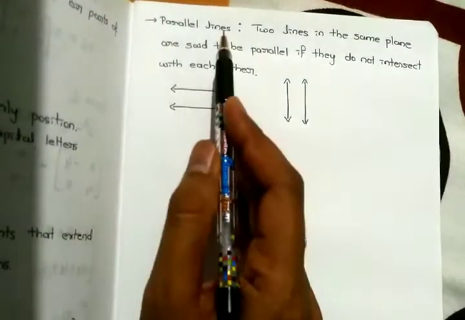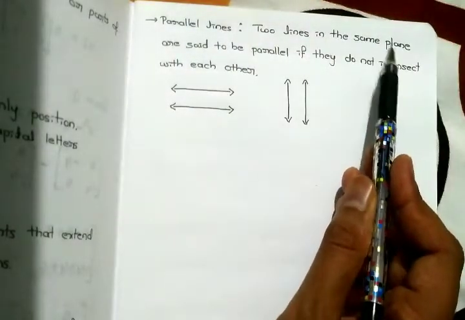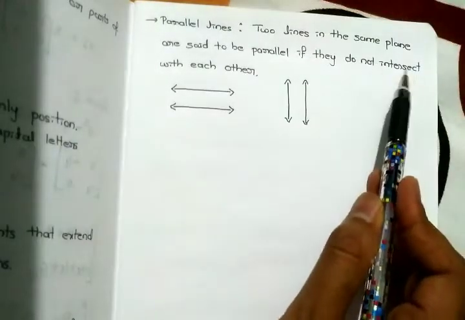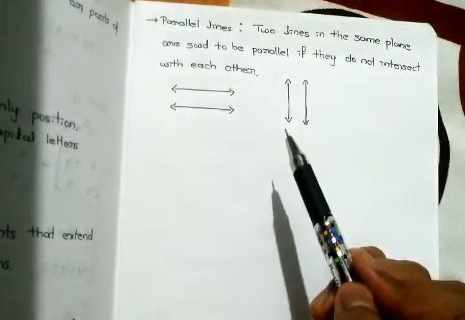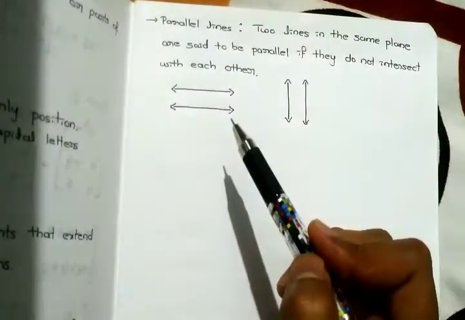Next, parallel lines. Two lines in the same plane are said to be parallel if they do not intersect with each other. Such types of lines are called parallel lines.